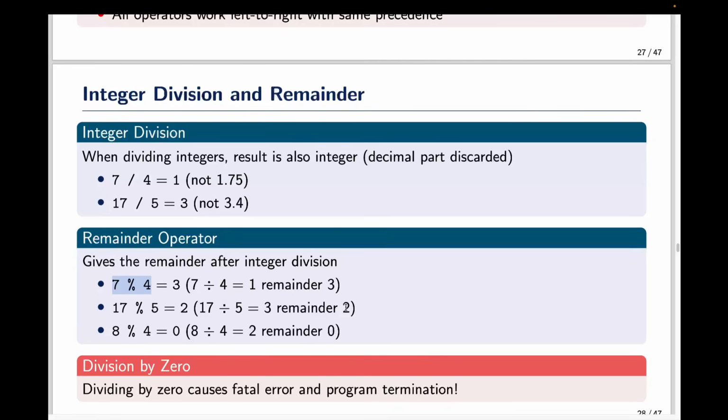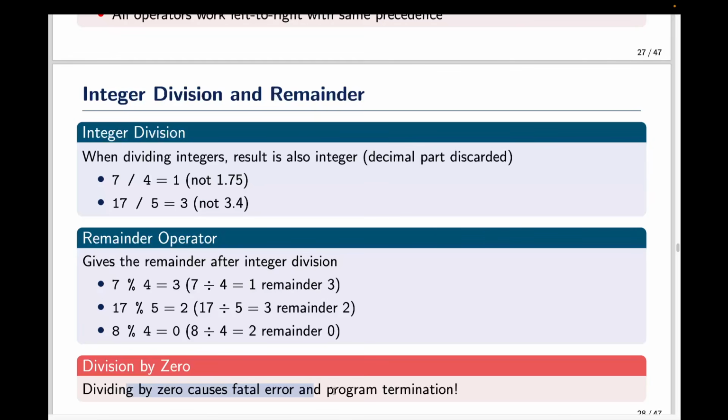So remember, the remainder operator is always going to work on integers. Very, very important, whenever you are dividing something, I have told you this in the previous classes also, please remember that you must not do a division by 0. The program will have a fatal error, it's going to have a runtime error, and the program will be terminated. So whenever you are trying to make some calculator, you are going to do some calculations. Supposedly you have been asked to find the average of three numbers or four numbers.